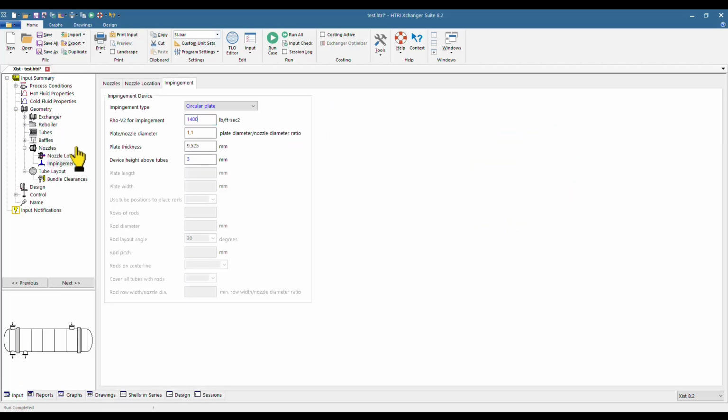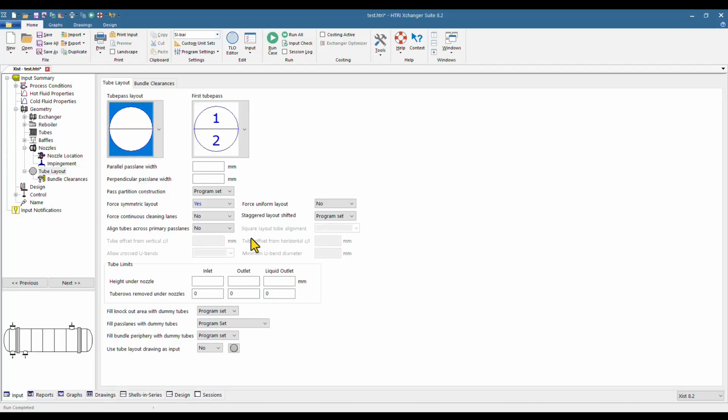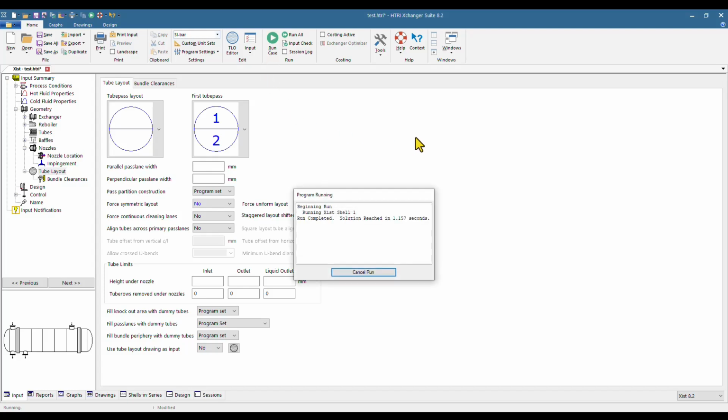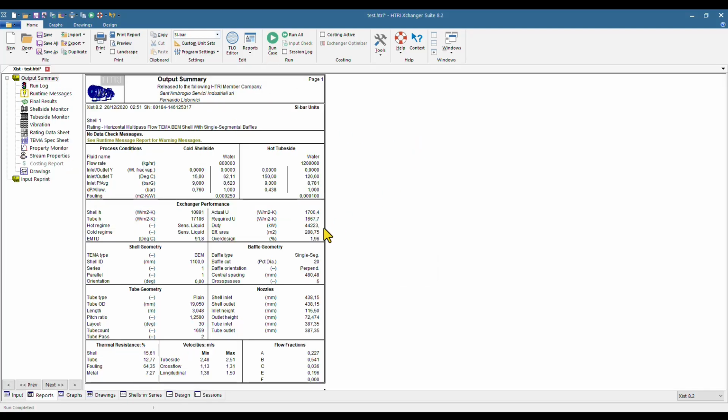Coming back to the input tube layout, force symmetrical layout. If we say maybe no here, so we don't want a symmetrical layout, and we run again the case, possibly, well, you see, okay, now we have 2% more. Because the layout is now non-symmetrical.